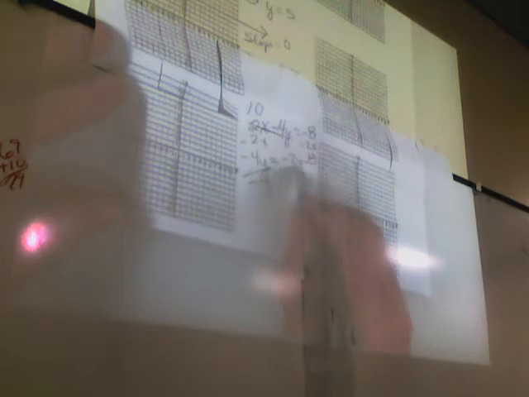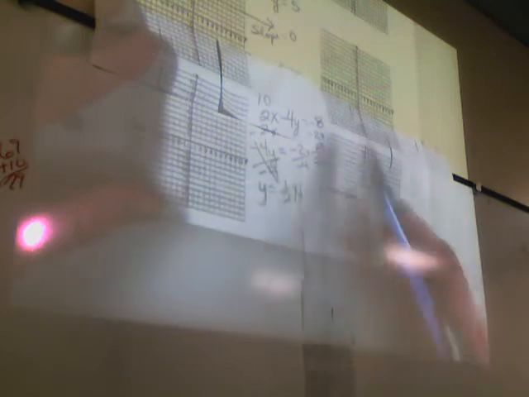Now what are we going to do next to solve for y? To get the y by itself? Divide by negative 4, right? Divide by the negative 4.